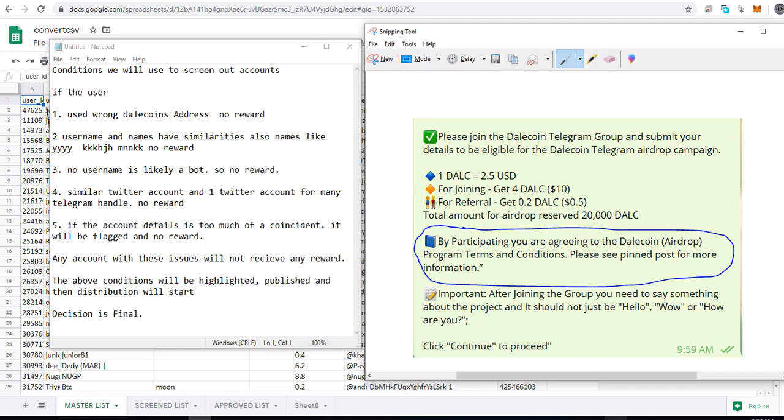This is a video trying to show you a recap of the airdrop that was just concluded.